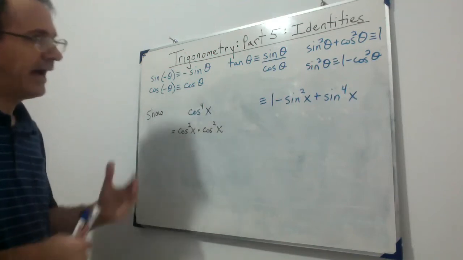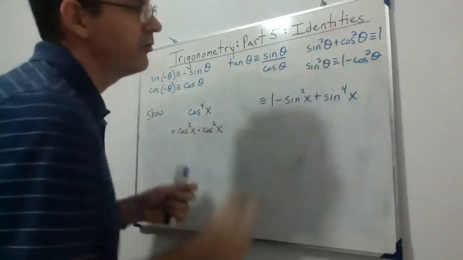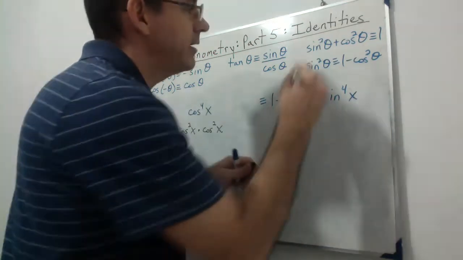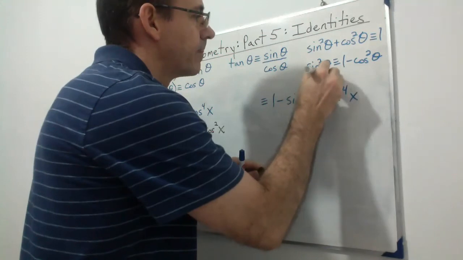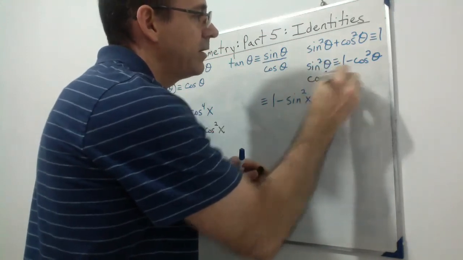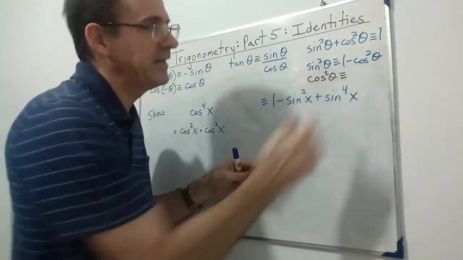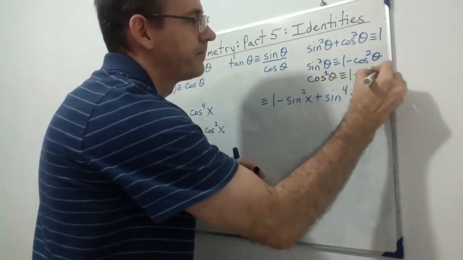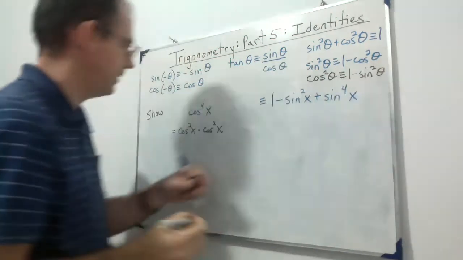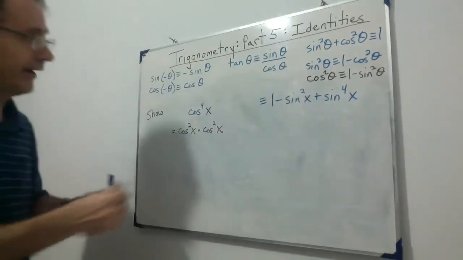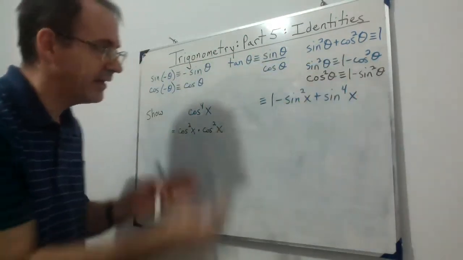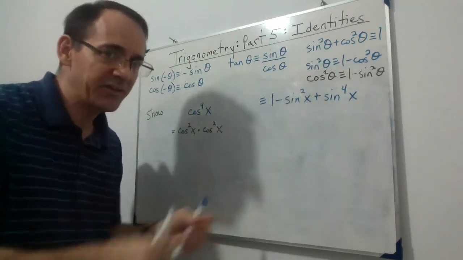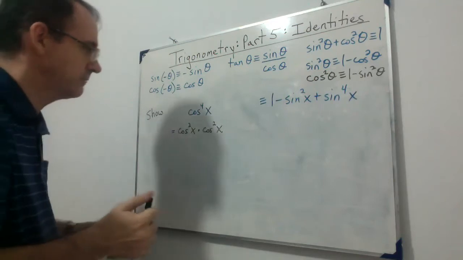And now we can look at cosine squared. Well, remember our cosine squared, we could also make an identity by subtracting the sine squared over. Right? So our identities right now are written in theta. Our current problem is written in x. So try to make sure you stay in the same variable your problem is using.